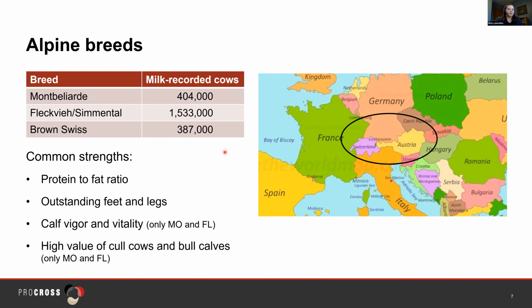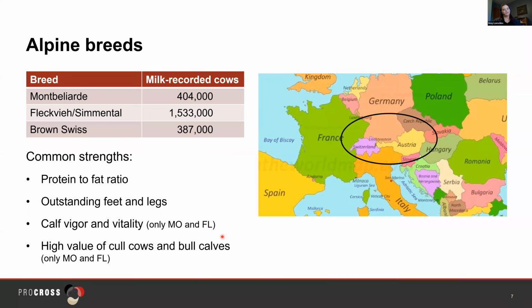Some common strengths that these breeds all share. They are high protein breeds, and that's again due to their heritage as a breed cluster. They have outstanding feet and legs. They originate in the Alps regions where cows have been hiking up and down mountains for many centuries. And so they've developed this outstanding leg with a steep foot and a deep heel.